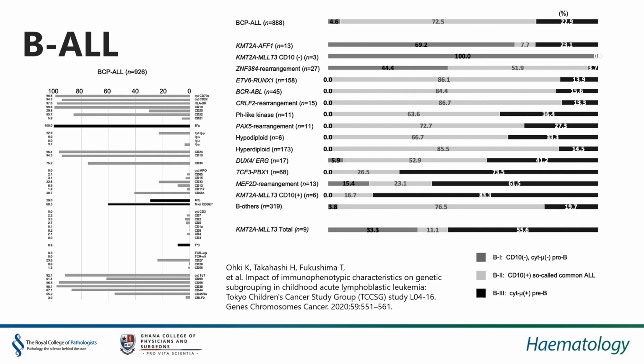However, it's very important that I say it's critical for the genetics to be carried out independently. Immunophenotyping can only support the genetic diagnosis. They go hand in hand together. So whilst we can see up here that KMT2A, AFF1, this is from a group in Tokyo.